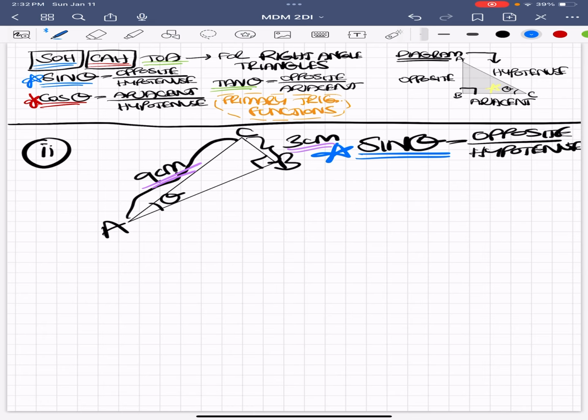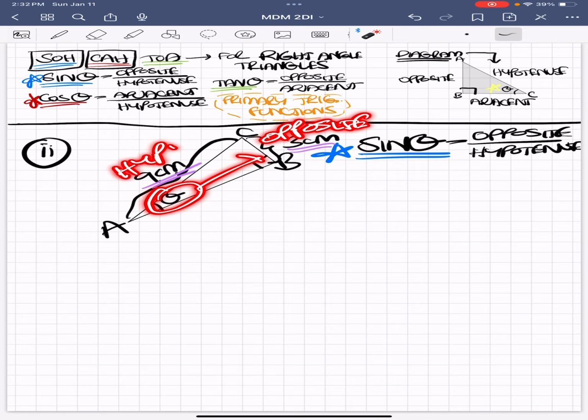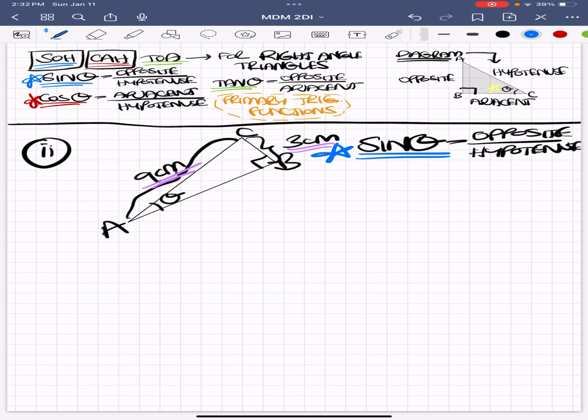Okay, so again we have angle theta with opposite here and hypotenuse there, as well as adjacent. So we are going to be labeling them.